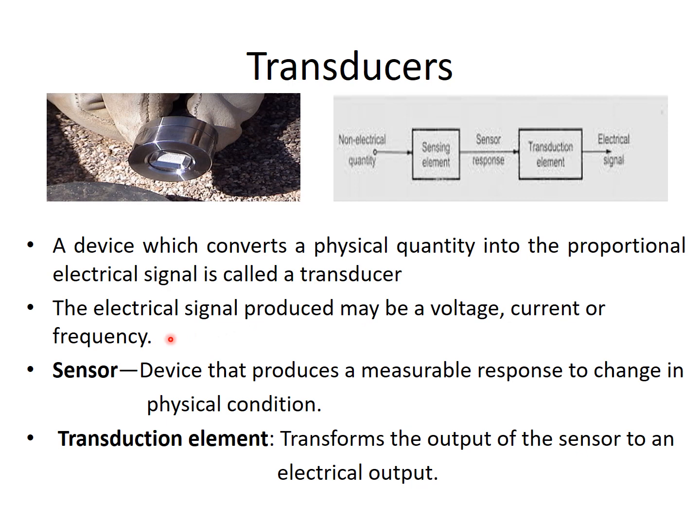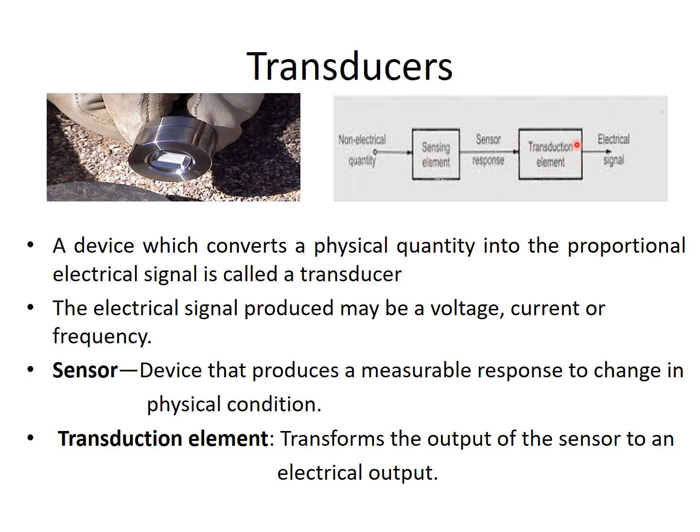Now, if you see the internal block of the transducer, it consists of two blocks. One is called the sensing element, another is called the transduction element. The sensing element is the primary element where we sense the physical quantities. That means the primary information, whether it is a temperature or pressure, is sensed by this sensing unit, and then this information is given to the transduction element.